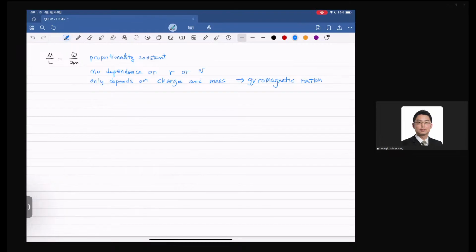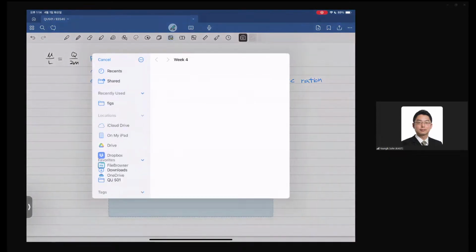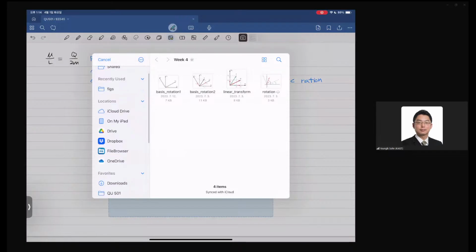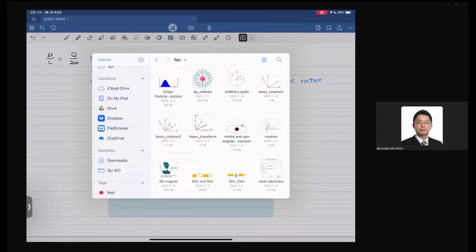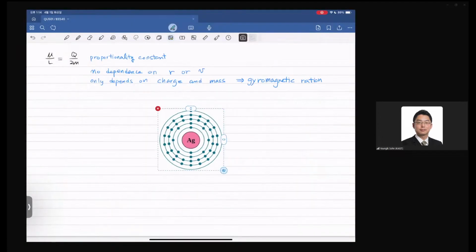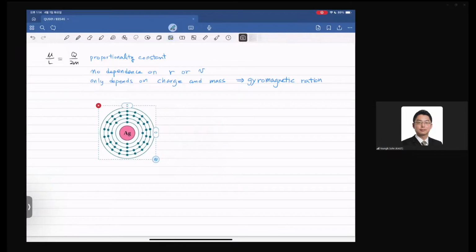So let me go back to the Stern-Gerlach experiment and then discuss it in the context of the spin, okay? This picture I have shown you through the slide already.